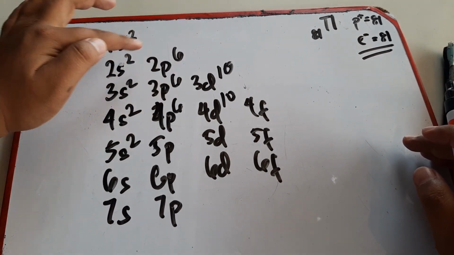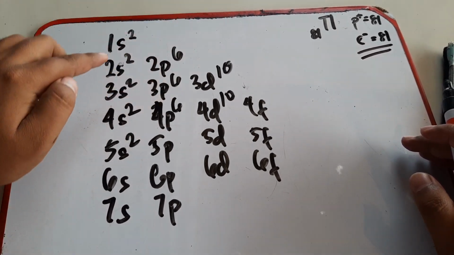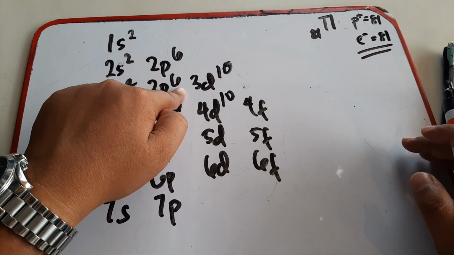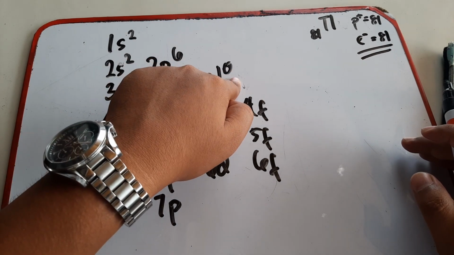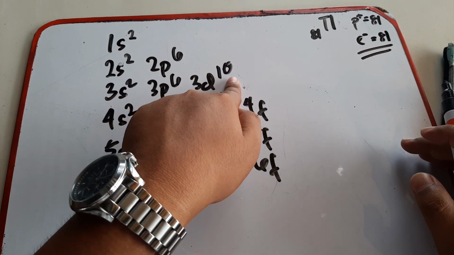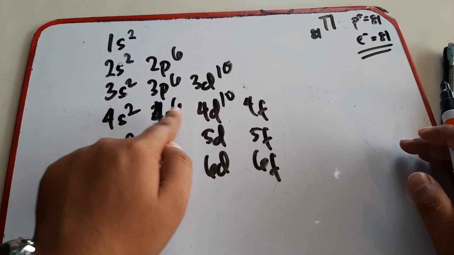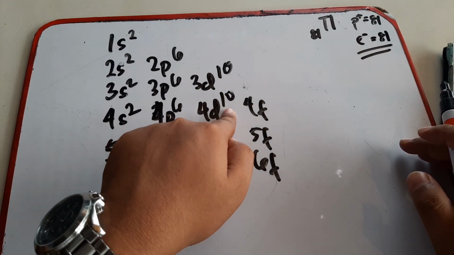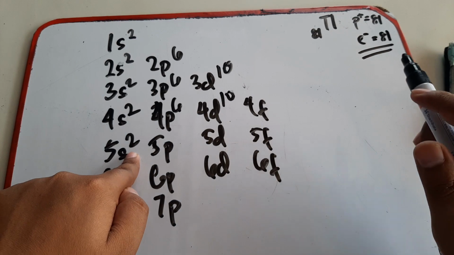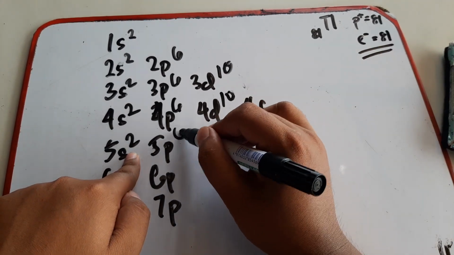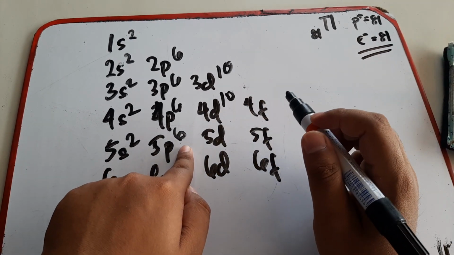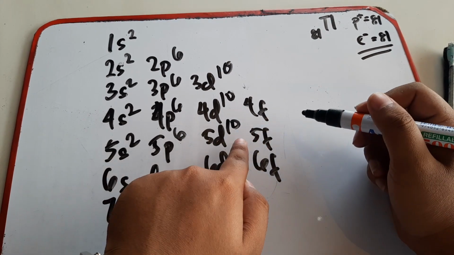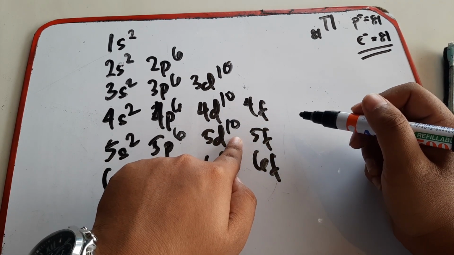10, 2 plus 2 plus 6, that's 10. 12, 18, 28. Naglo-loading ang math ko. 30, 36, 46, 48, 54, 64.